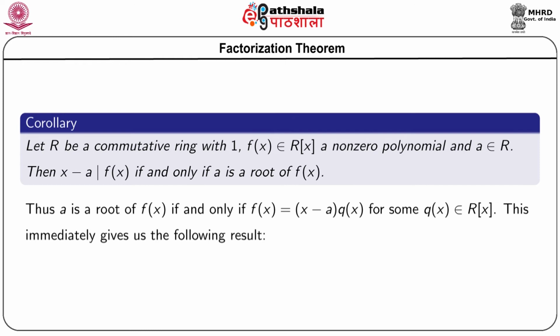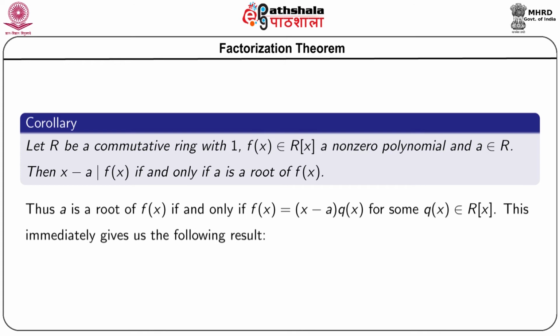Now, we prove the factorization theorem. To characterize polynomials f(x) divisible by x minus a, there is a very close relation between such divisibility and a being a root of f(x).